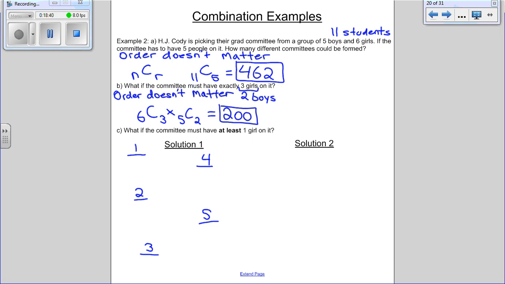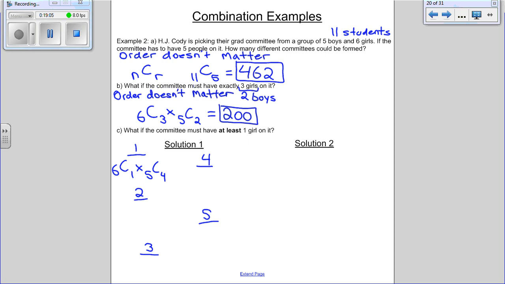Let's do just the first one. If 1 girl made the committee, I had 6 girls to choose from. I chose 1. Times, I had 5 boys to choose from. I chose 4. So there's only 1 girl, the other 4 got to be boys. You punch that in your calculator. I think it's a small number.